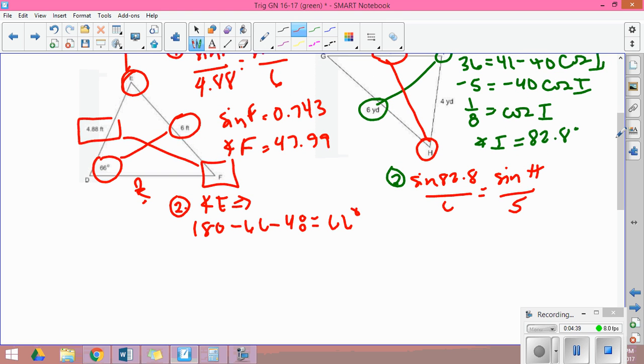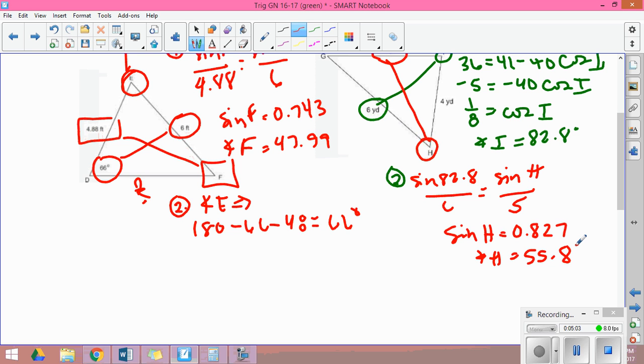When you cross multiply, you come out with the sine of H being equal to 0.827. And if you want to pause the video and work those calculations to make sure you can get there, that would be a great strategy.